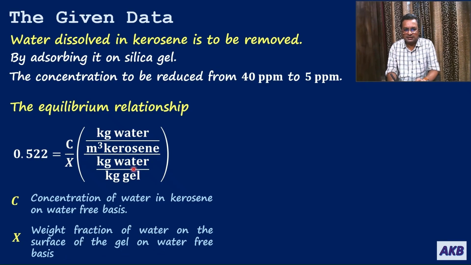You can easily understand. Capital X is kg water per kg gel. So this is the weight fraction of water on a water-free basis on the surface of the gel. So here the concentrations are given on a solute-free basis. Why solute-free basis? Because in this case the solute is water. So the concentrations that are given in the equilibrium relationship are on a solute-free basis.